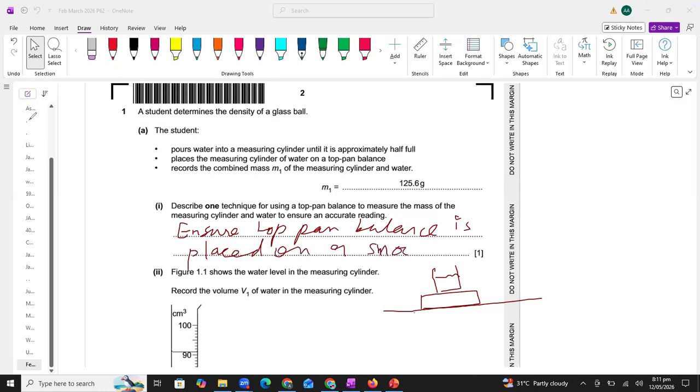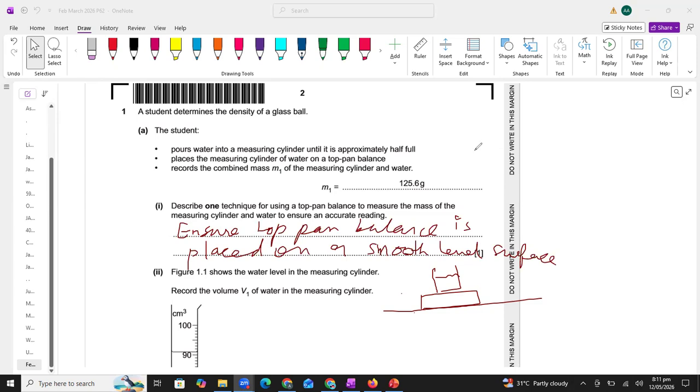There can be many possible answers for this question, for example, on a smooth level surface. Or we can write that we can reduce the systematic error to get an accurate answer. Systematic error means we can check the zero error of the top pan balance. Is it clear to you, students?